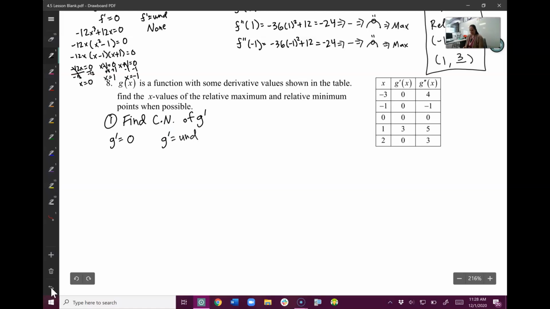If I look at this, where g prime is 0, it looks like I have x is -3, -1, 0, and 2. Those are the x values that give me 0, and there's nowhere where it's undefined. So now I check them in g double prime, and that's going to tell me the concavity of these.